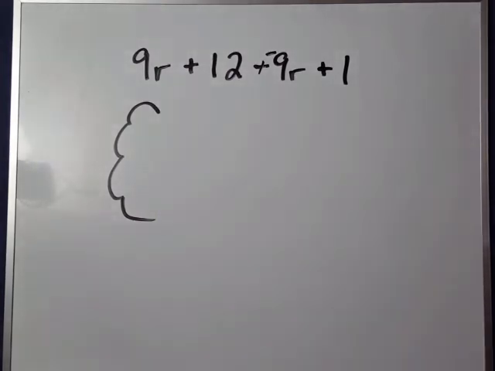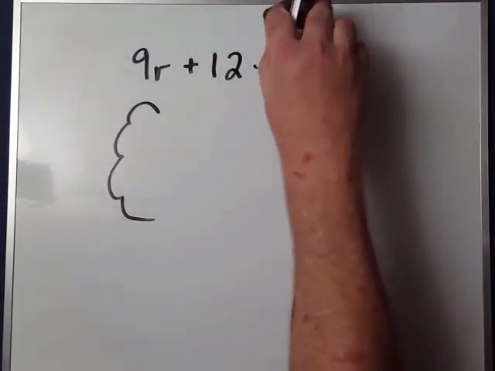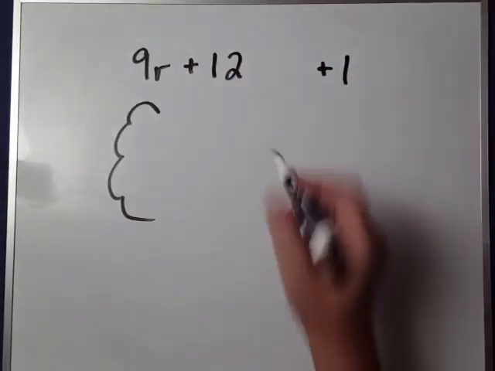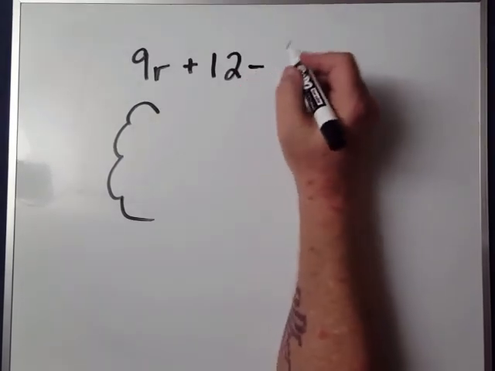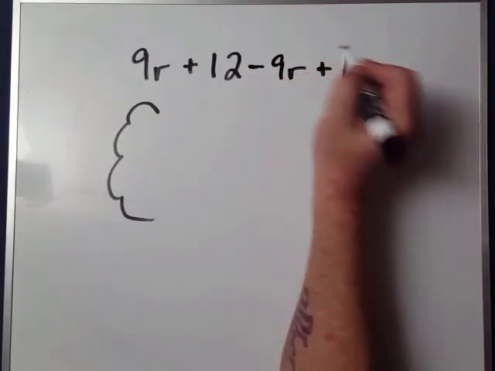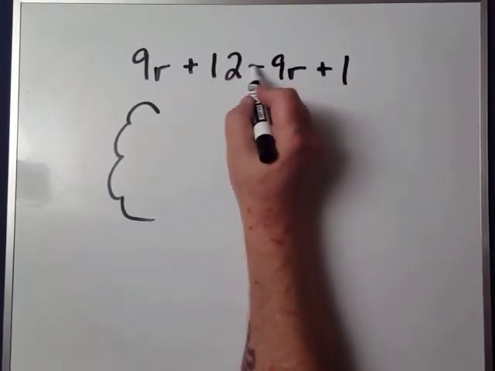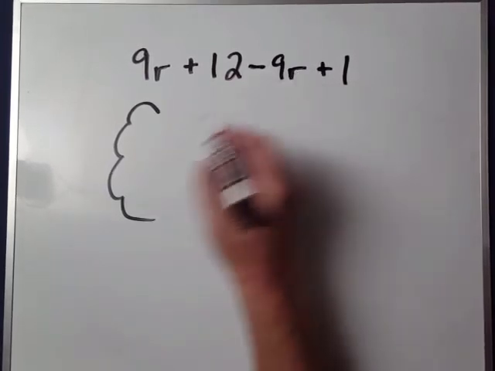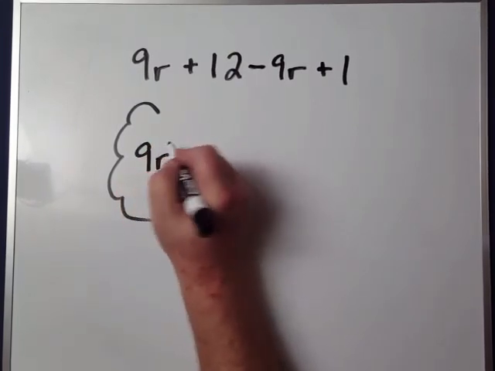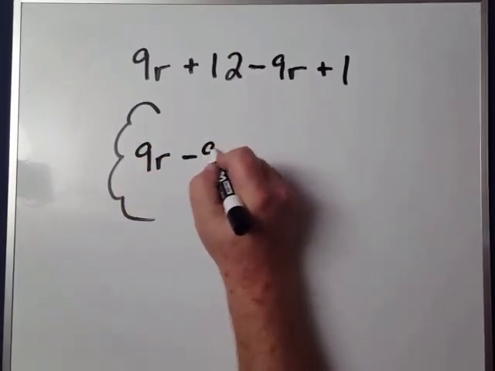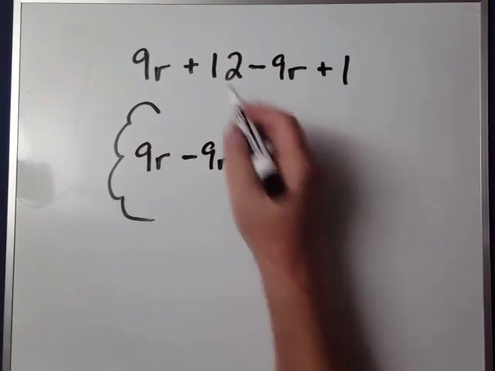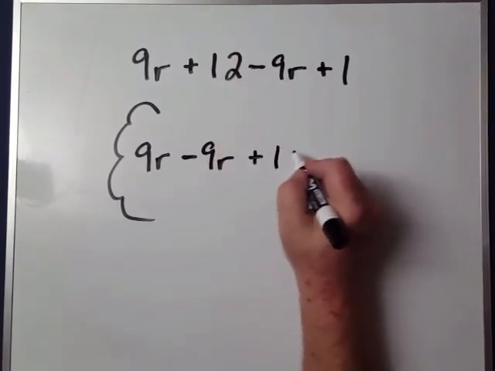So whether I write plus a negative, or I'm just thinking that I know subtraction just means to add the opposite, when I go to juggle these around, this negative has to remain with that term. So our 9r up front, I'm going to move our negative 9r into second position, swap him with that 12.